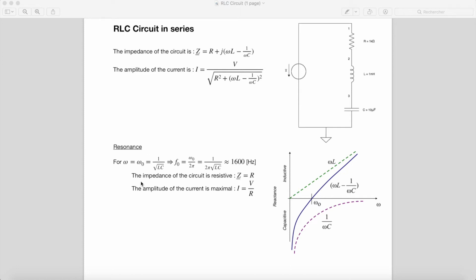In this case, the impedance of the circuit is resistive because this impedance is equal to R, so this is purely real. Then the amplitude of the current: as this term here is 0, the amplitude is now equal to this and is maximal.